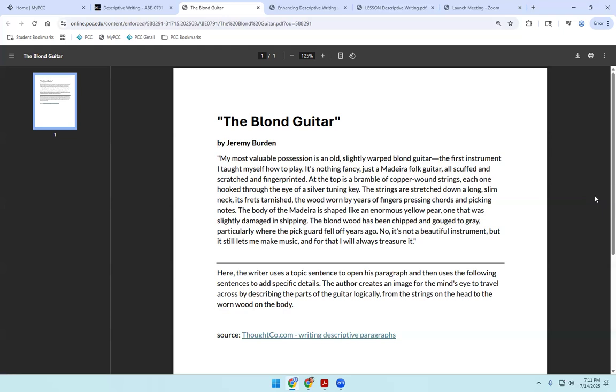So after we read this, you can see that this is organized around a topic sentence and then supporting details. That's going to continue to be true, these different aspects of writing. We're just kind of looking at one piece at a time. It doesn't mean that the other stuff doesn't all exist. Would anyone like to volunteer to read this paragraph out loud?